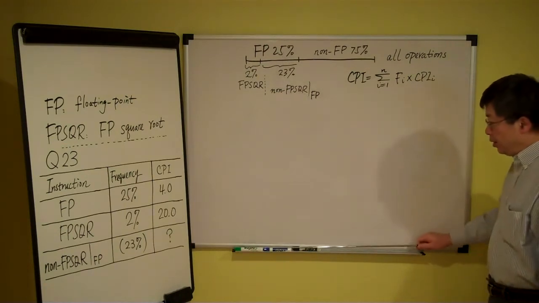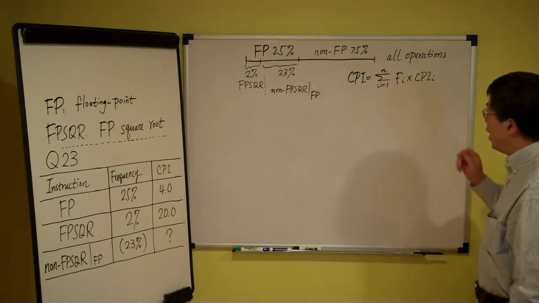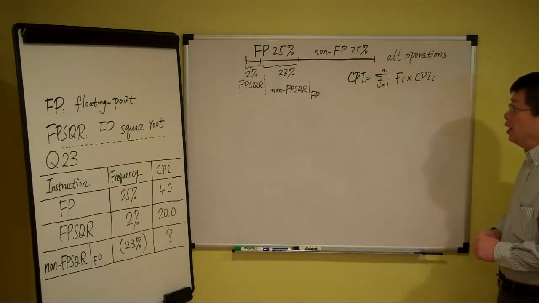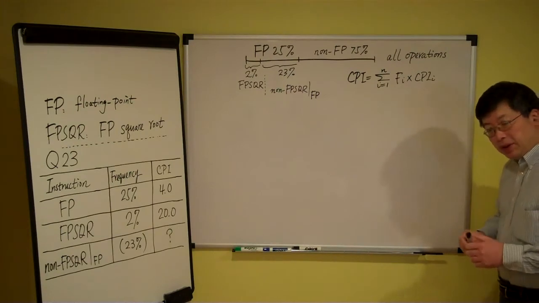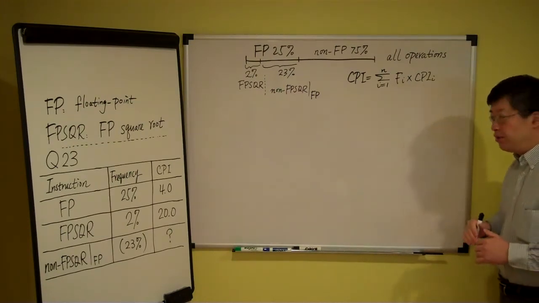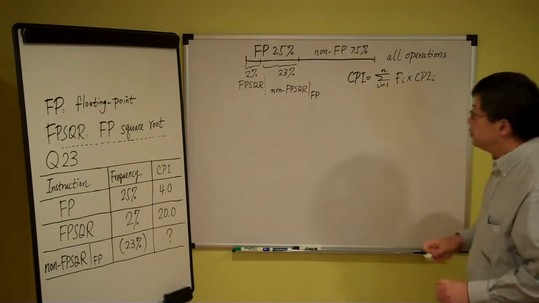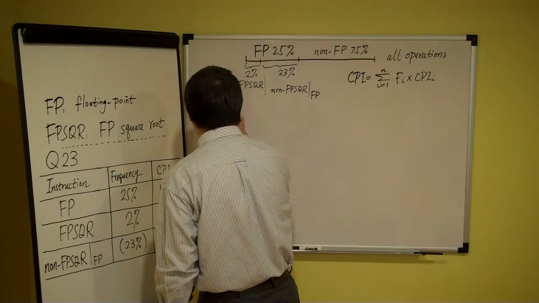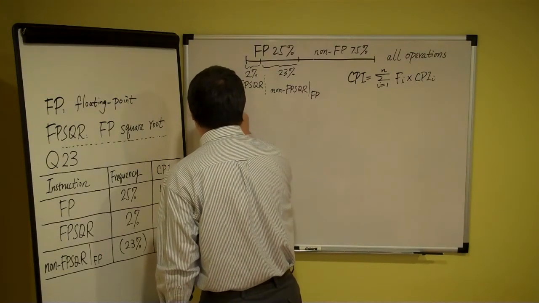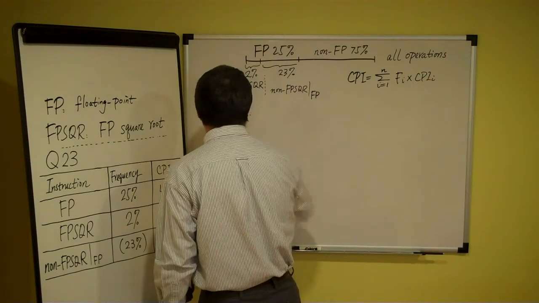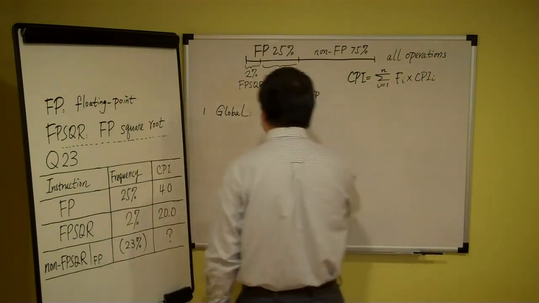But before we write the PPE equation, I would like to provide two different views to use the equation. The first view, I call the global way. So what's the global way?